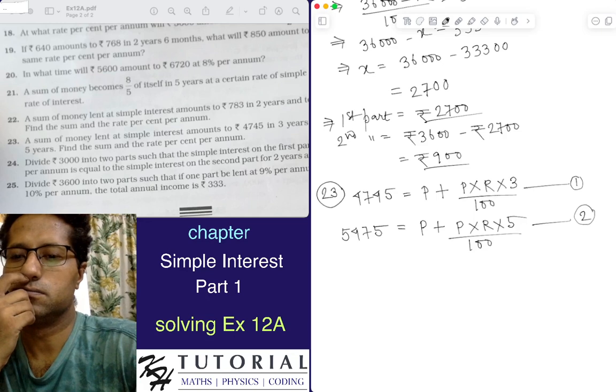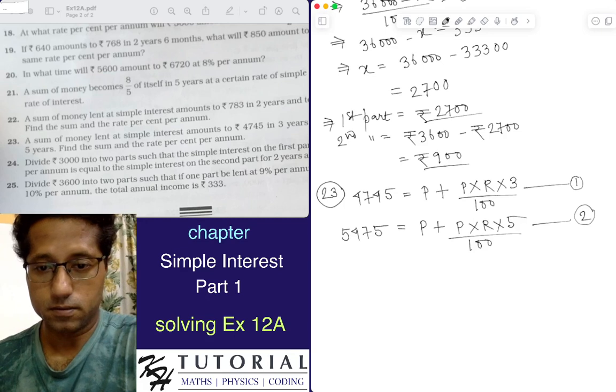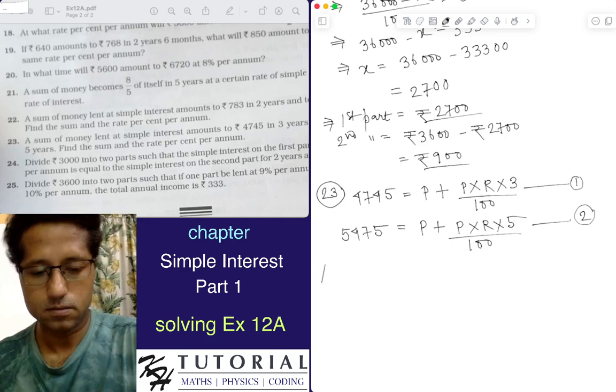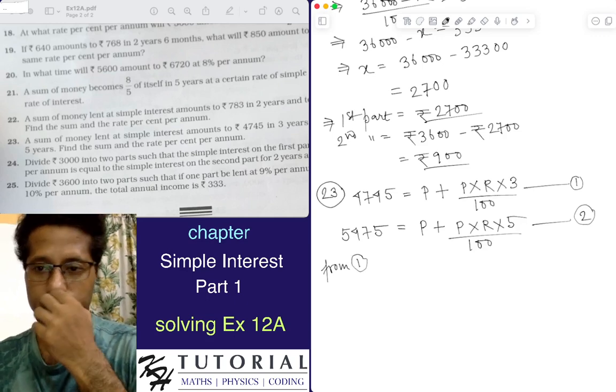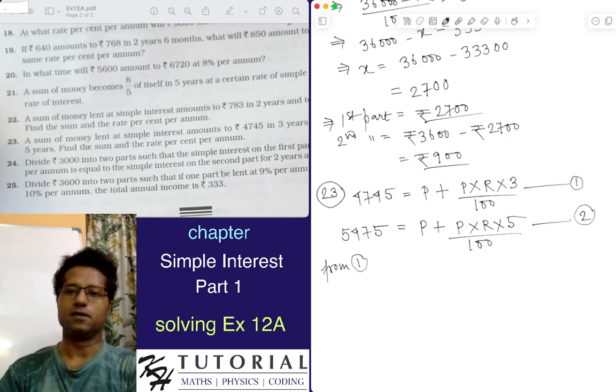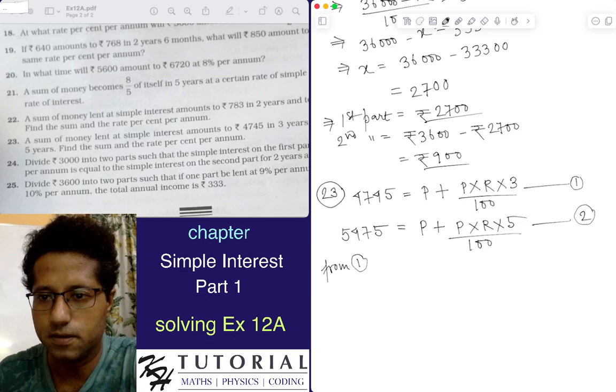Now from one we can find the value of PR by 100. From 1, what will be PR by 100?